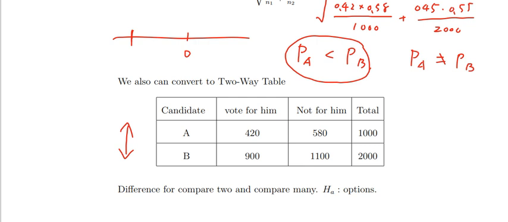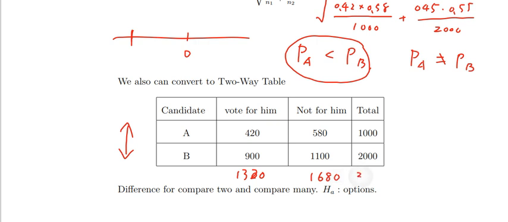So this is the category total: 1320 vote for him, and here, I made a mistake, okay, 1680 not vote for him, right?